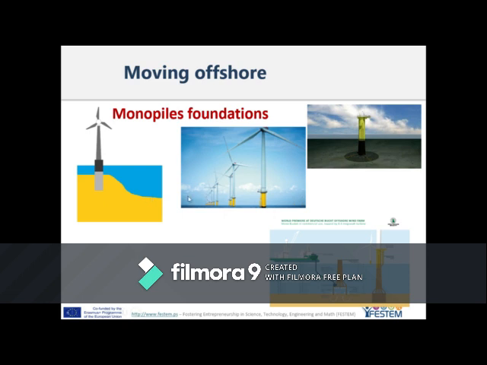Monopiles are usually suitable for not so deep water, usually less than 30 meters depth. And if you look at it, the type of sand here is stable. The diameter of the monopile is around 30 meters and it weighs around 1,000 tons.